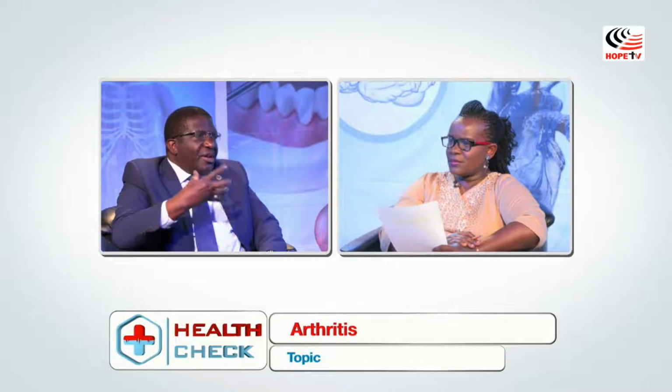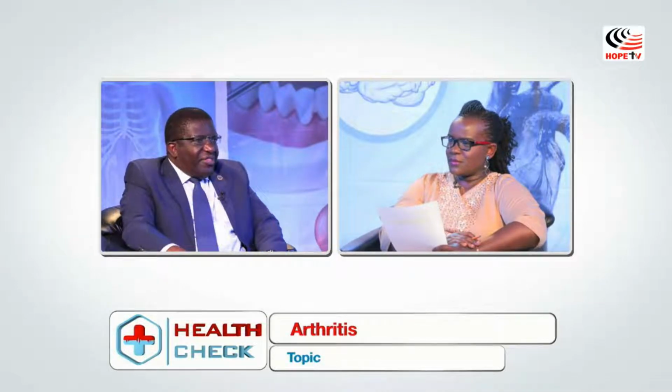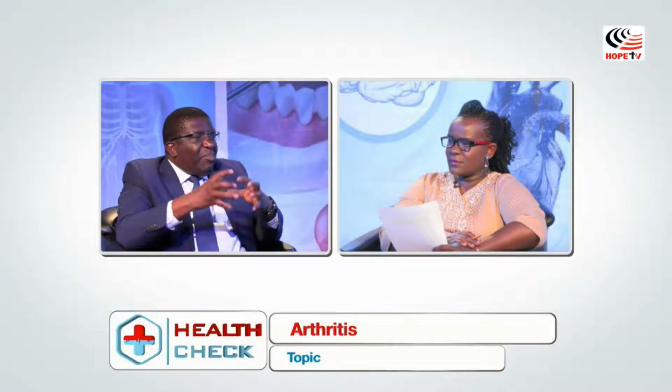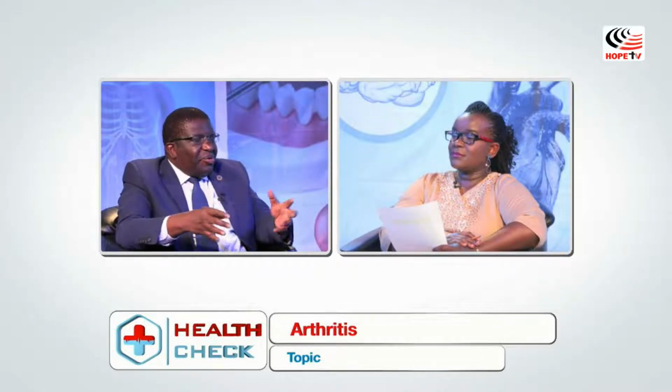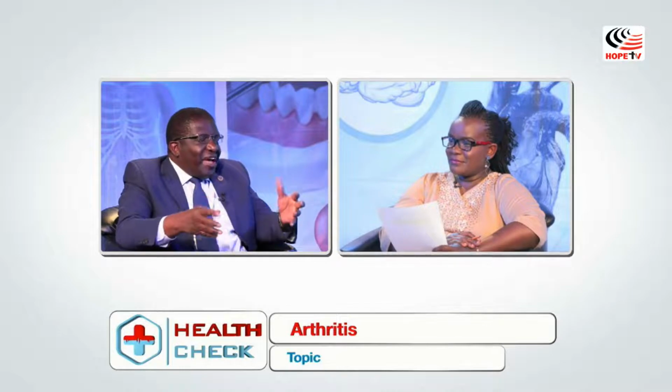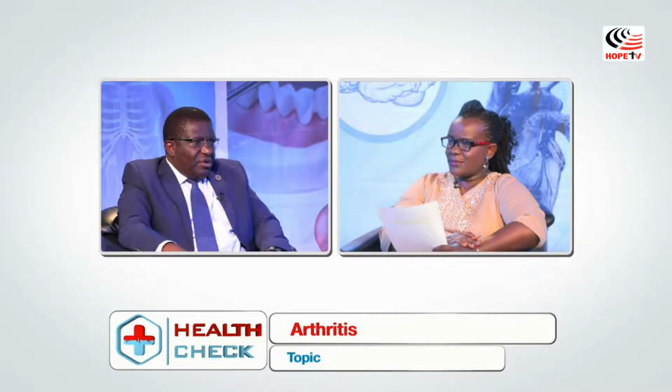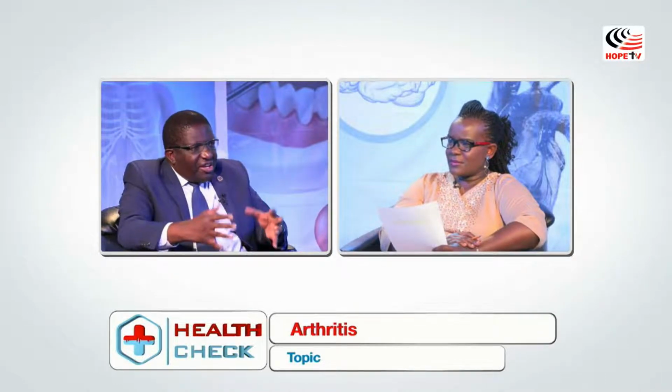And then we have enteropathic arthritis, where you have a problem with the intestine, you start with diarrhea or irritable bowel, then you end up with arthritis of the joints. That is another arthritis.